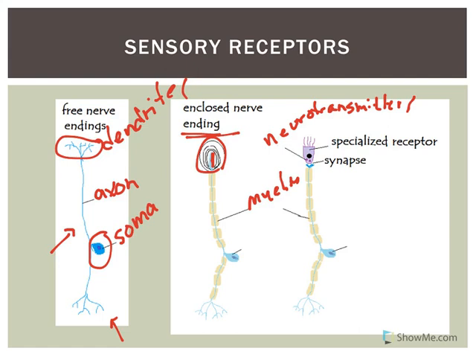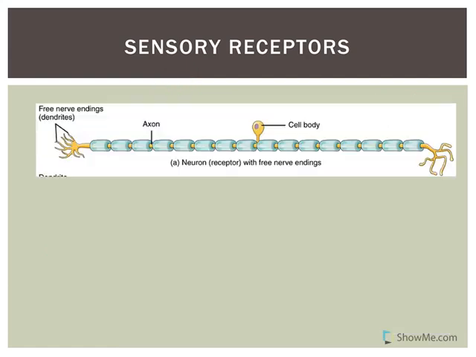Now I want to give you some examples of specific sensory receptors in regards to their structure. The ones with free nerve endings, where the dendrites are the sensory receptor. And in this particular example, it actually is myelinated.